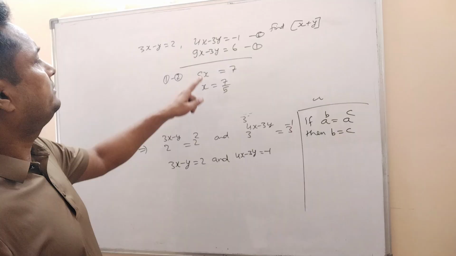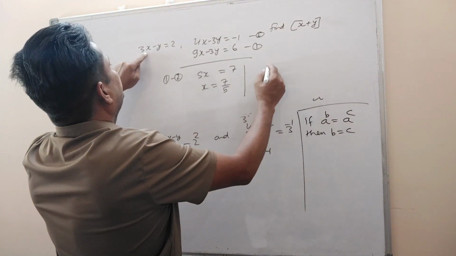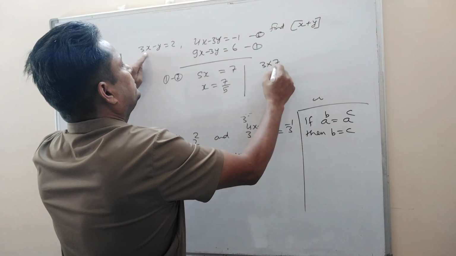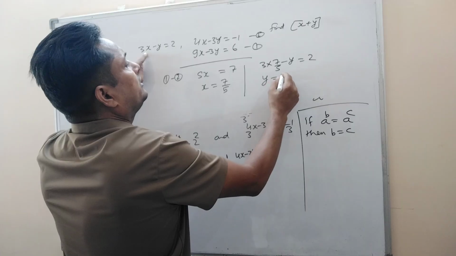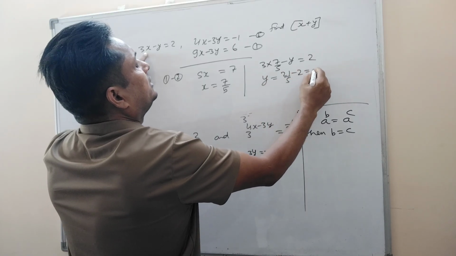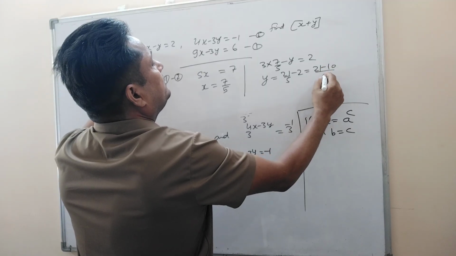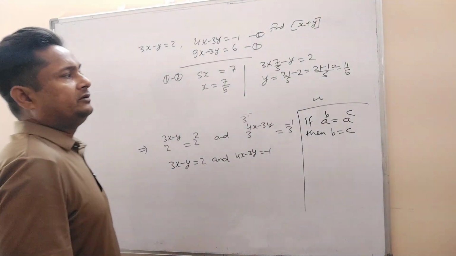Now substitute the value of x in this equation. So what will be the value of y? 3 into 7 by 5 minus y is equal to 2. So y will be equal to 21 by 5 minus 2, that is 21 minus 10 by 5, that means it will be 11 by 5.